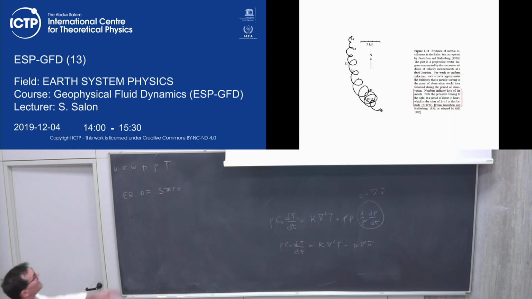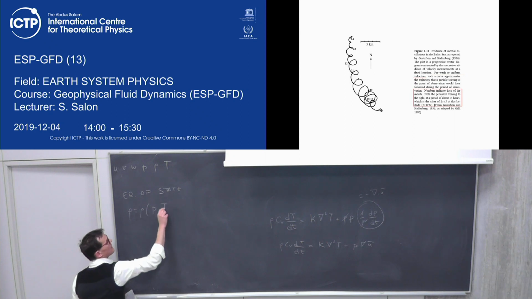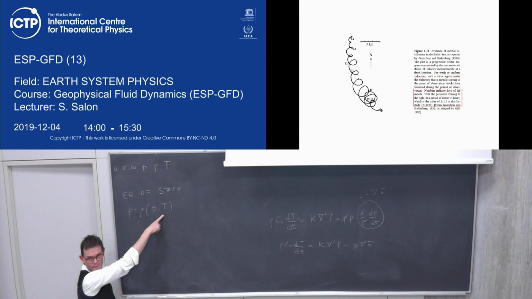We appreciate. Okay, so equation of state. What is the equation of state? Actually, sorry. P equals rho R T. So we usually relate density to pressure and temperature.